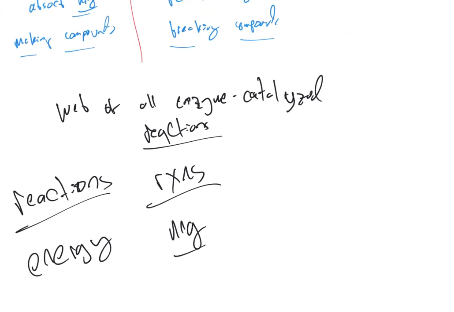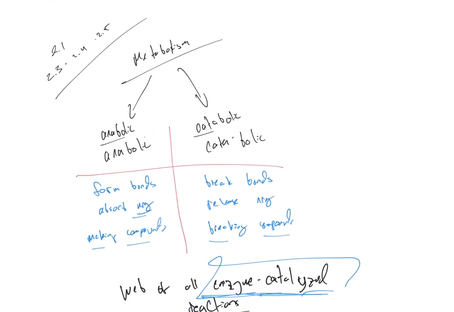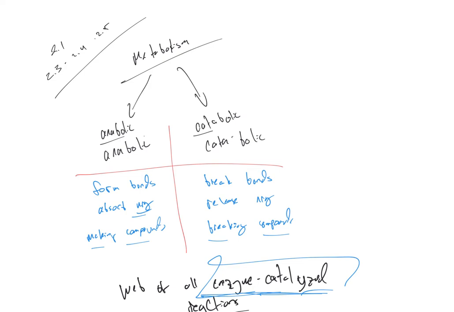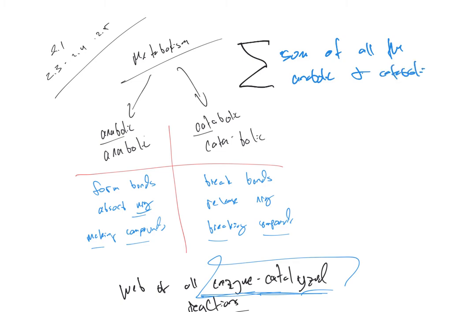Okay, I will say this. A key word here is enzyme catalyzed. So what is metabolism? I hope you all know this. Summation, right? Metabolism is a sum of all the anabolic and catabolic reactions.